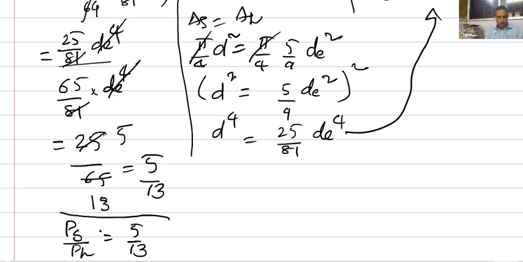That means the solid will take almost half of the load. 5 by 13 is a little lesser than half, for the same area.